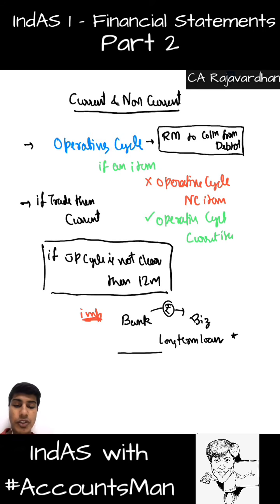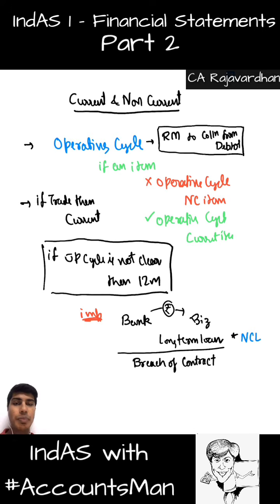This scenario is called a breach of contract. So when you fail to fulfill the conditions of the contract, what would happen? The bank will ask you to repay the money instantly. When the bank asks you to pay the money instantly, will it be called a current liability or a non-current liability? First important point is, whenever this was a long-term loan, it was a non-current liability.